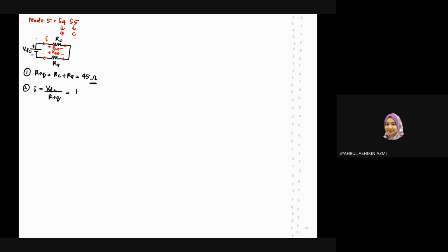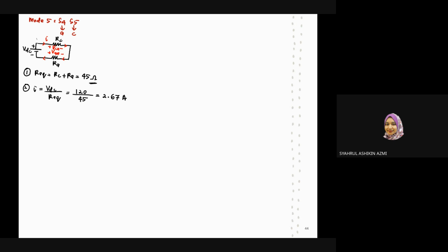Our VDC is 120 divided by 45. What is the answer? 2.67 ampere.